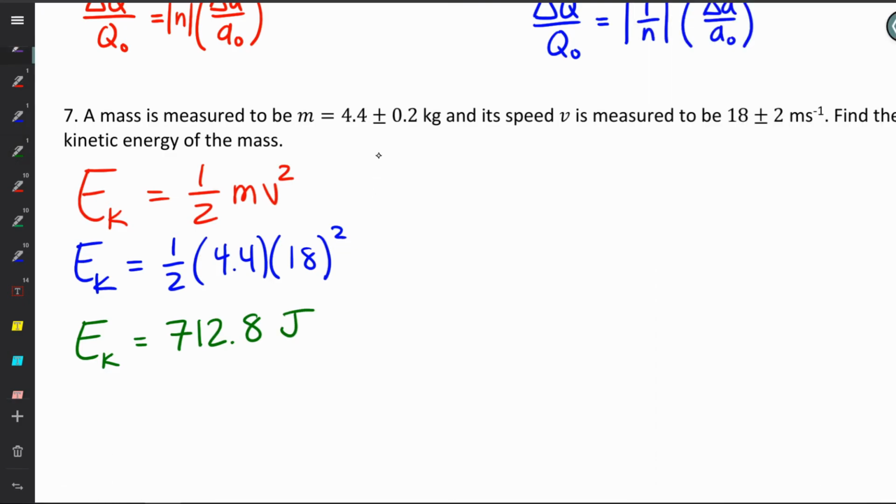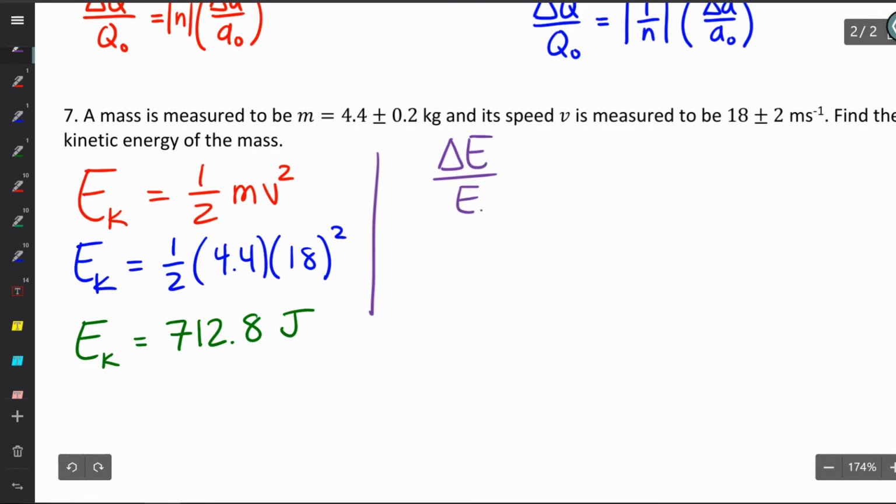So now let's propagate the error through this formula to find the uncertainty in the energy. We know that this is 1/2 mv squared, so this is a quantity times a quantity to a power. The absolute error of E divided by the best estimate of E, that's the fractional uncertainty in E, is going to be equal to the fractional uncertainty in the mass plus the fractional uncertainty in V squared.